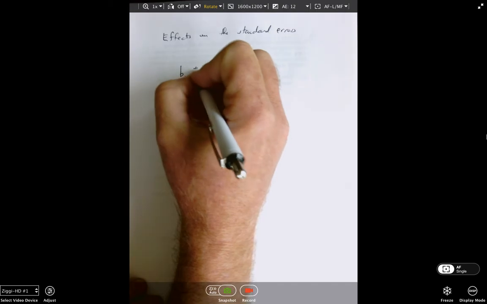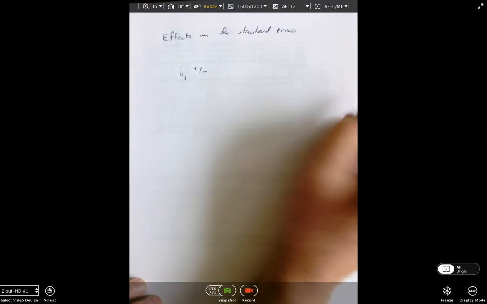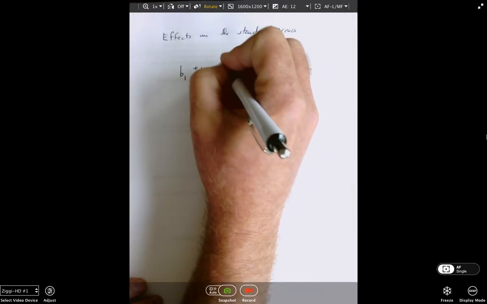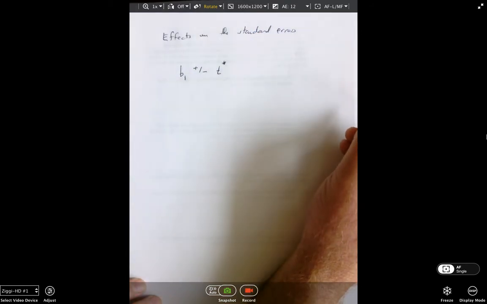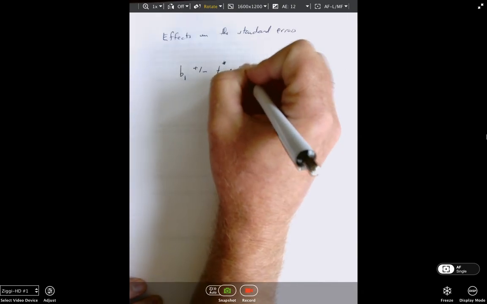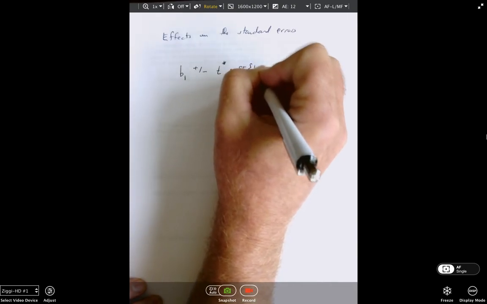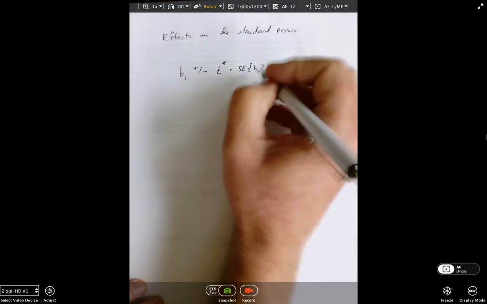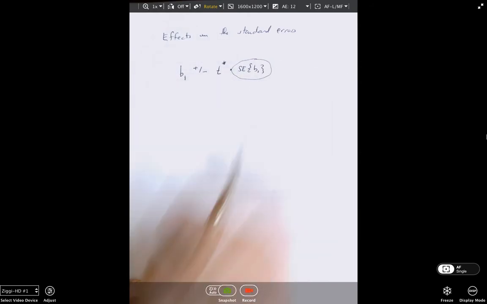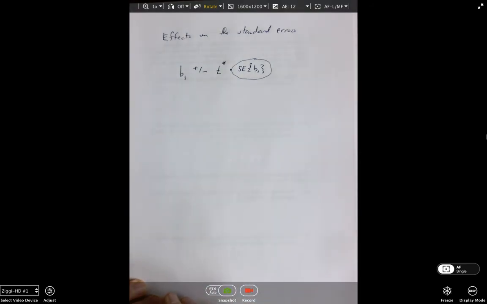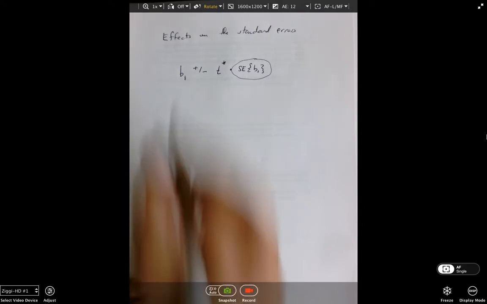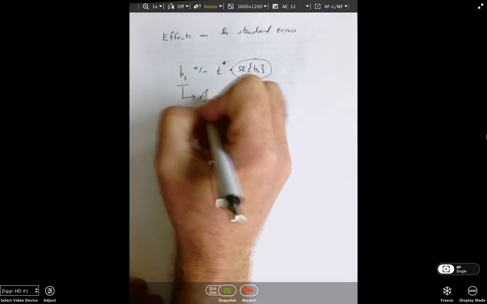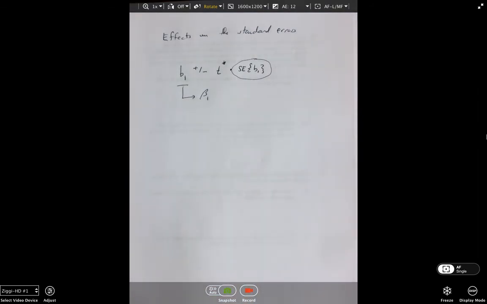And if we want to construct a 95% confidence interval, we add and subtract our t critical value, which corresponds to the confidence level that we're seeking, times the standard error for B1. So in other words, this standard error is critical in stabilizing the variability of our prediction for B1, for beta 1.